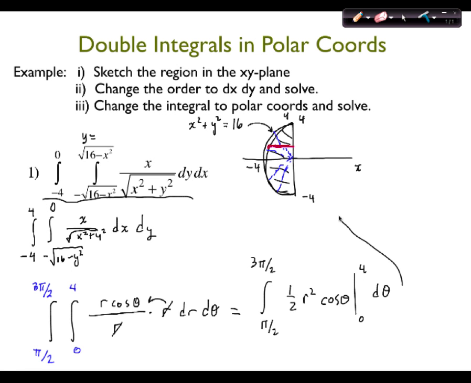So it's going to be the integral from pi over 2 to 3 pi over 2 of 8 cosine theta. Antiderivative of cosine theta is sine theta, so 8 sine theta from pi over 2 to 3 pi over 2.